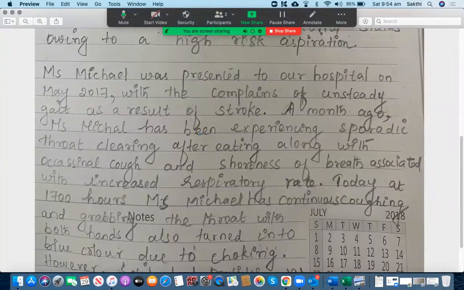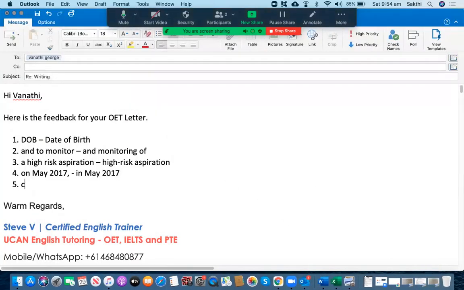So with the complaints of, it's not compliant. Compliant is incorrect. Compliance is incorrect. It's complaint, the one with the T. The one with the T is a noun. Tea, what is tea?